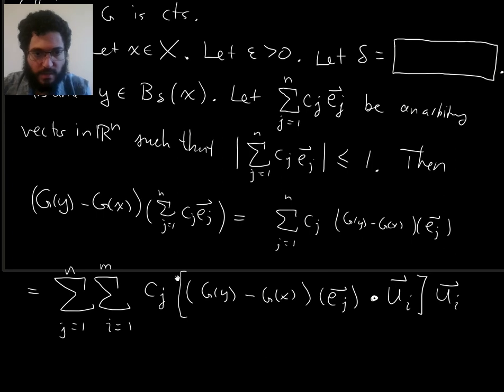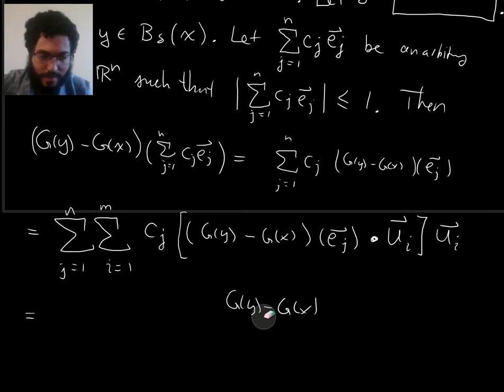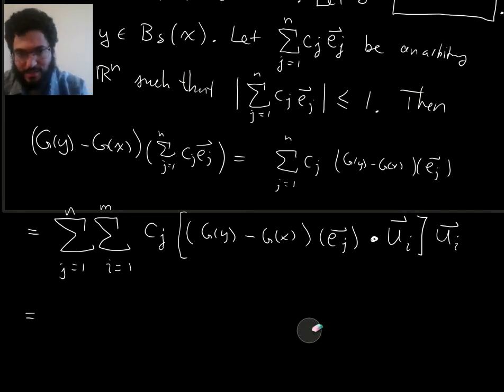All right, and this here is the ij component of the matrix representation of the linear map gy minus gx, which is the same as if I took the ij matrix representation of gy and then subtracted the ij matrix representation of gx.